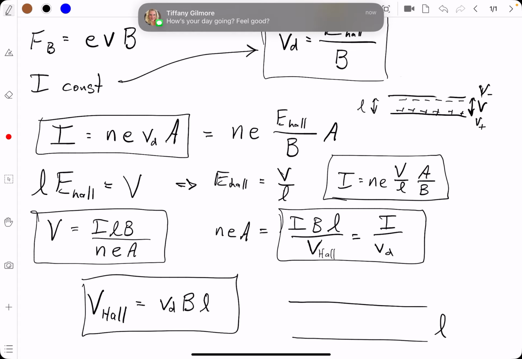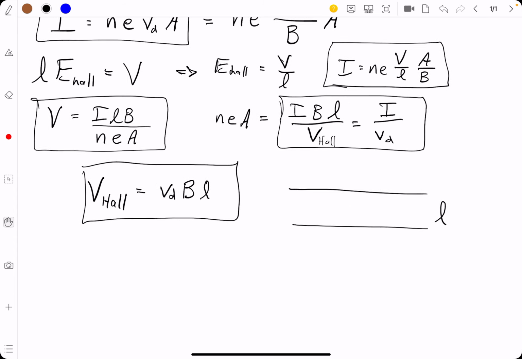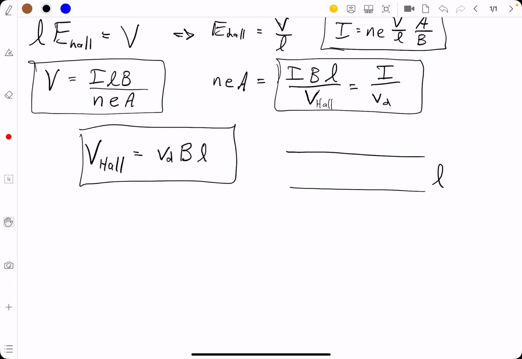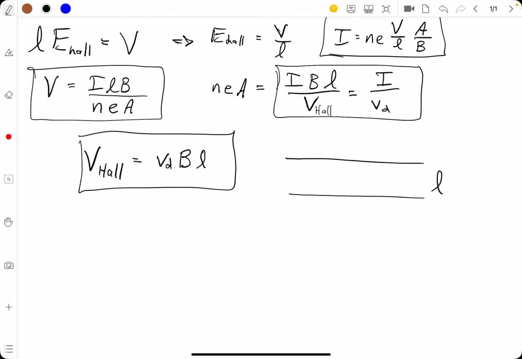So that's my length, and we have now figured out what our voltage is due to the velocity of the electrons flowing, their drift velocity, and the B field that it happens to be sitting in.